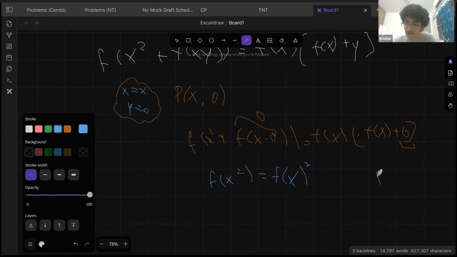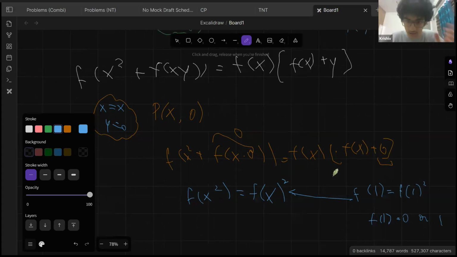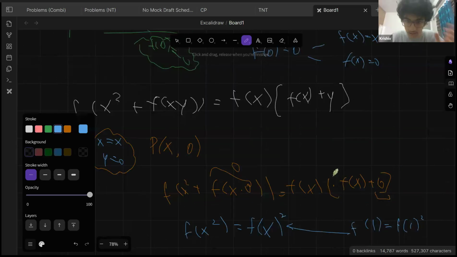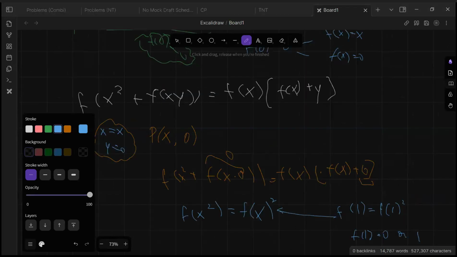Okay, so f of 1 is f of 1 the whole squared, when we plug into this equation 1. So f of 1 is 0 or 1. Okay, sure. So yeah, okay. Let's not continue with more theory, but if someone wants to, they can.